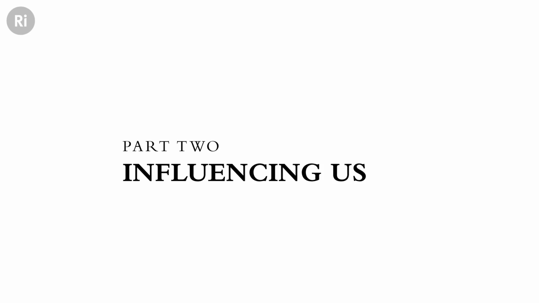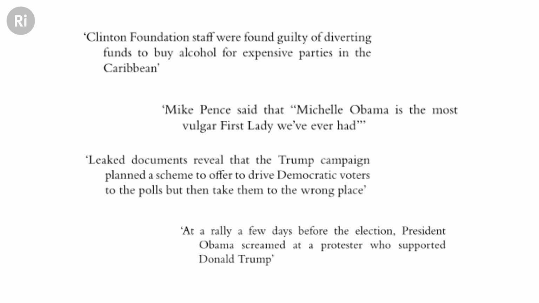So algorithms try to influence us, and if you've heard about Cambridge Analytica, you can't have escaped hearing a lot about fake news. The other big thing about the Trump election was fake news. So here are four pieces of fake news. Clinton Foundation staff were found guilty of diverting funds to buy alcohol for expensive parties in the Caribbean.